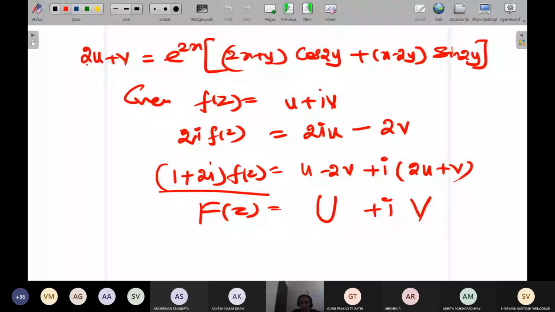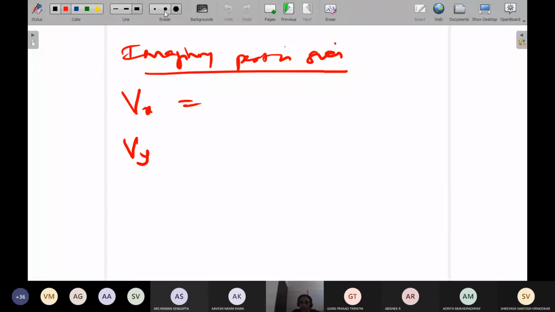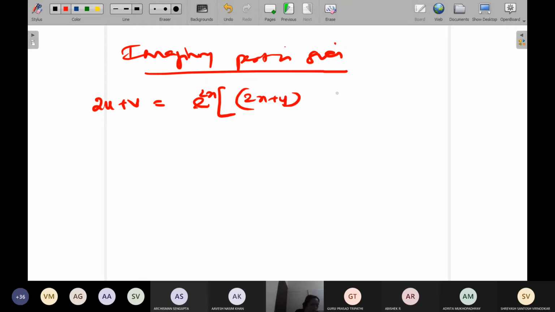Let me rewrite the problem. My problem is 2u plus v is equal to e power 2x into (2x plus y) into cos 2y plus (x minus 2y) into sin 2y.